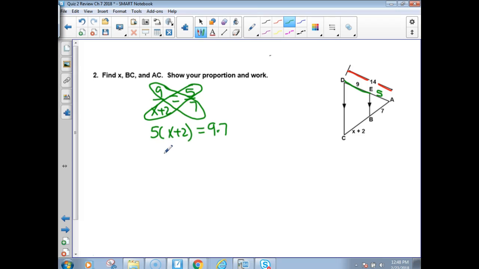You wouldn't have written this step necessarily, but that would be 5 times x plus 10 is 63. We would need to subtract 10 from both sides. And then 5 times x was equal to 53. We're going to divide by 5, and this one's going to be a decimal. That happens to equal 10.6.